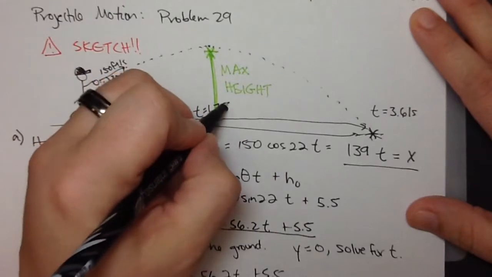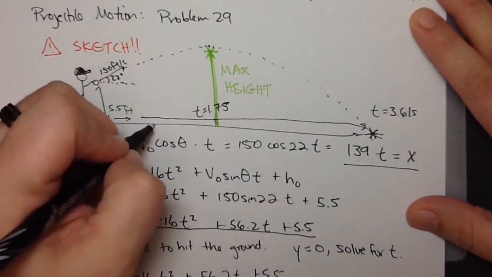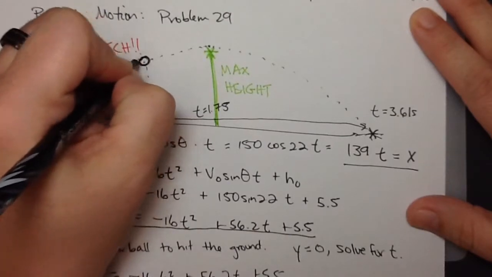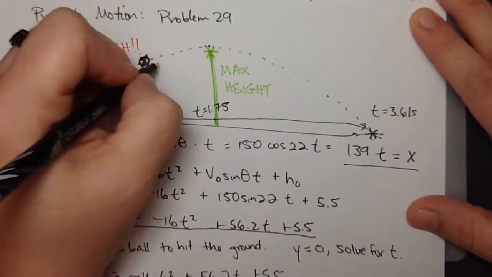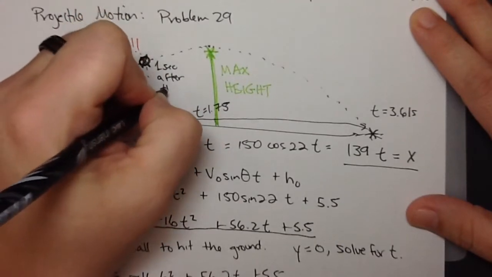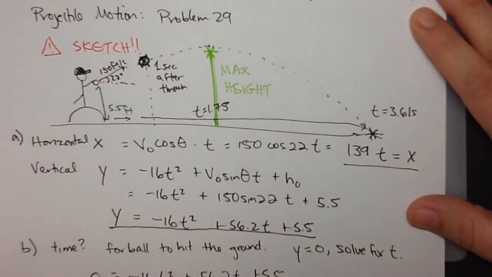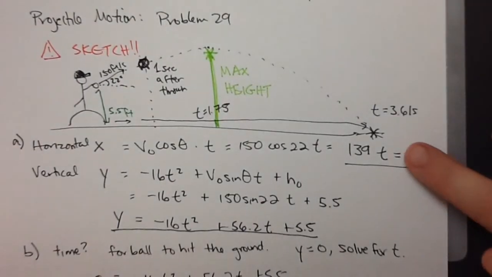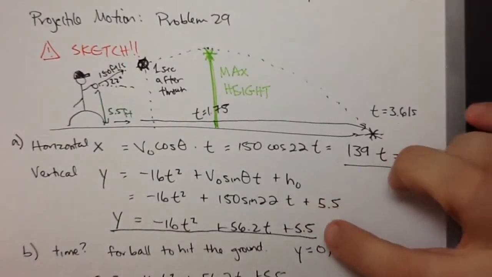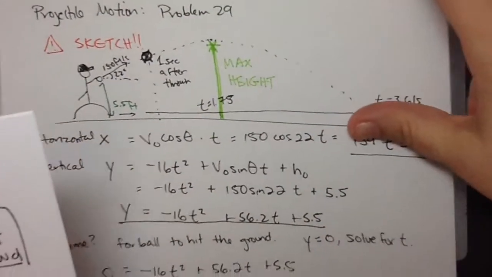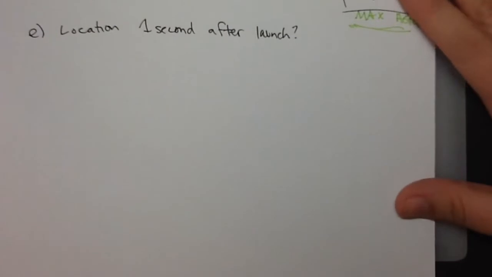So we know that at 1 second it's going to be back here. So we're looking for the location, x and y, 1 second after it was thrown. What we're going to do is just use both the x equation and the y equation and substitute in time equals 1.